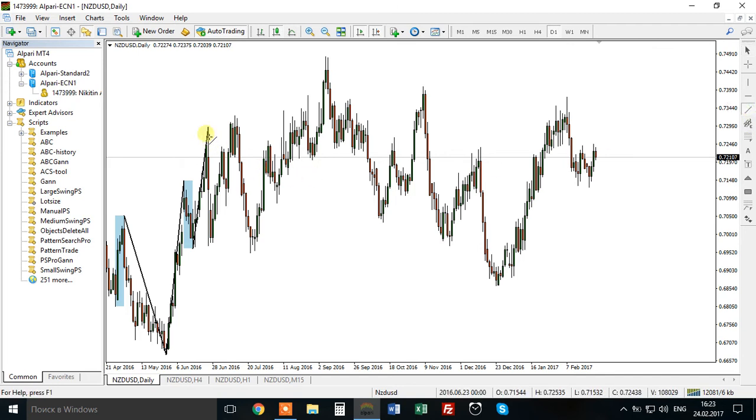Okay, retest, a continuation of an uptrend, another retest, another continuation of an uptrend.